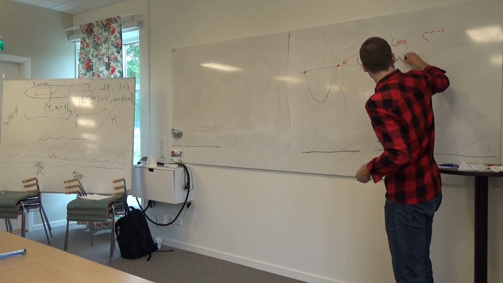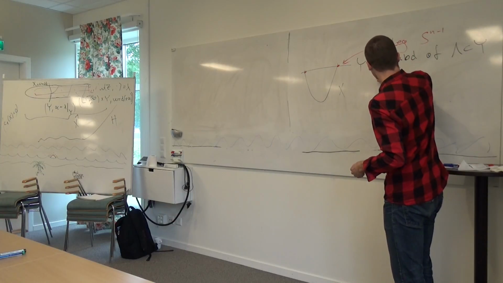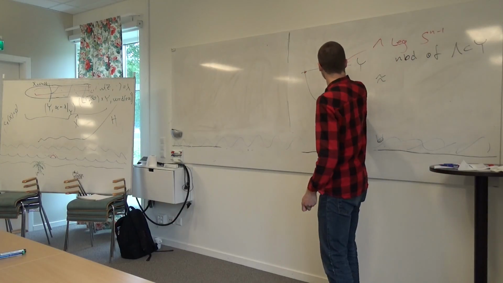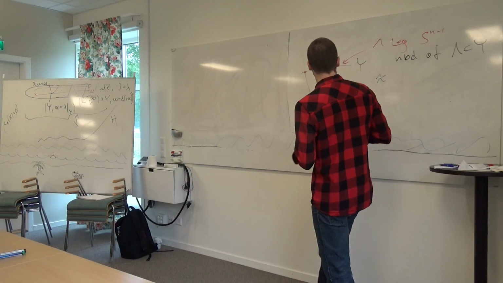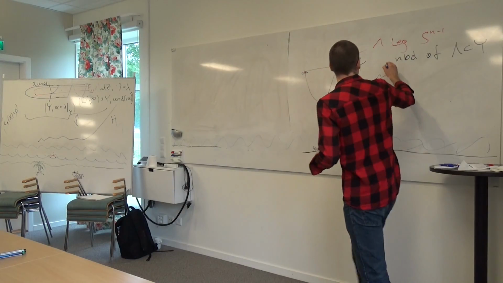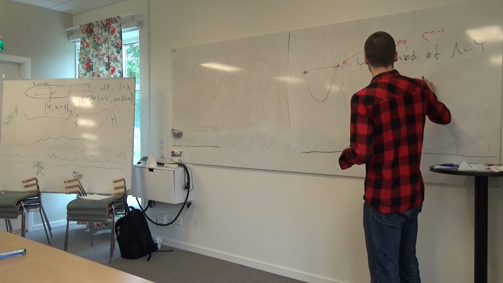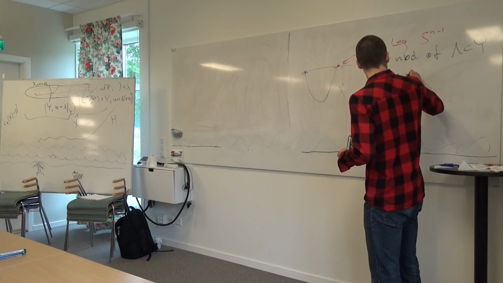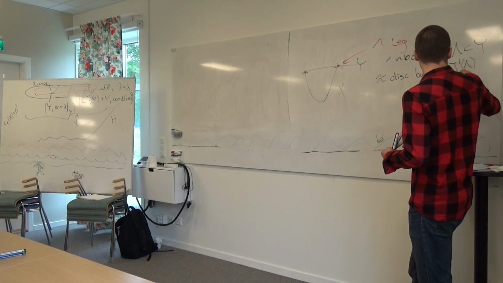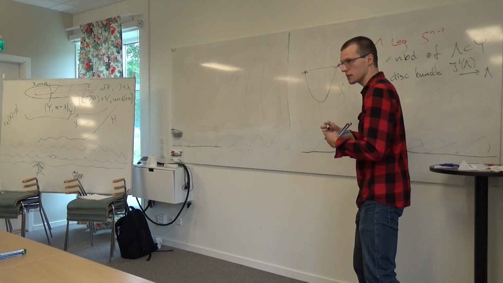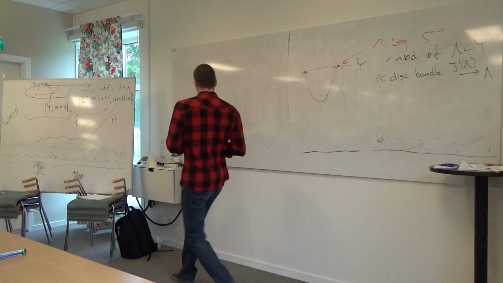The blue is a neighborhood of lambda in Y, which you may think of as a J1 of lambda over lambda, and you take a disk in that.